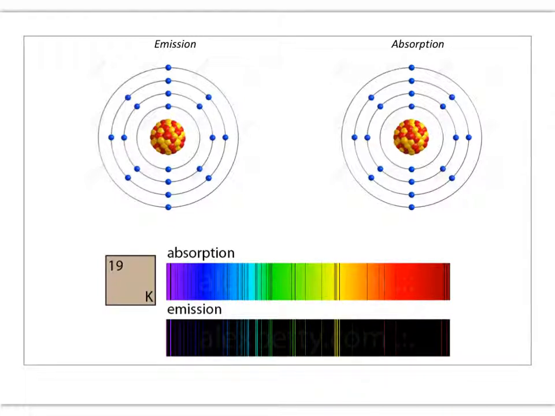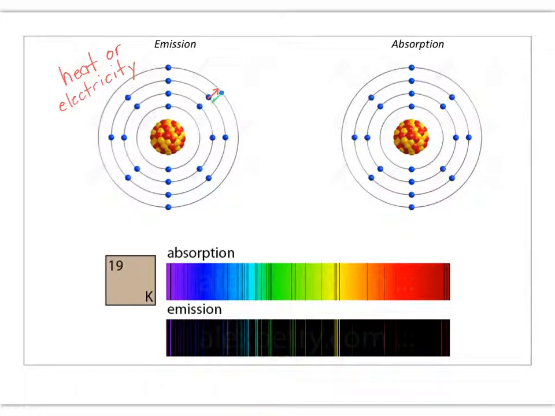And if we apply either some heat or electricity, so we fire electrons, basically a high electric field, to this atom, what that will make it do is excite the atom. And when the atom gets excited, we can get an electron that jumps up into a higher energy level. So it jumps up to there.